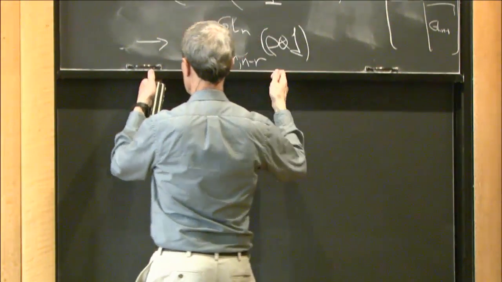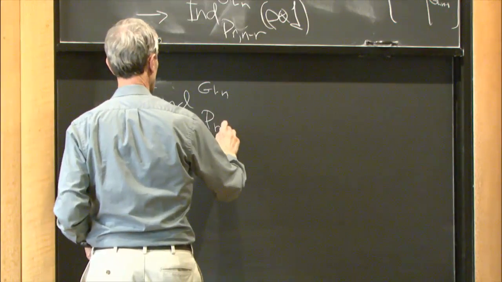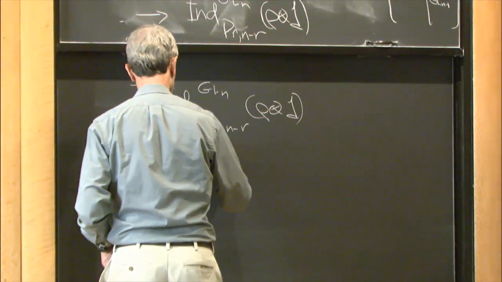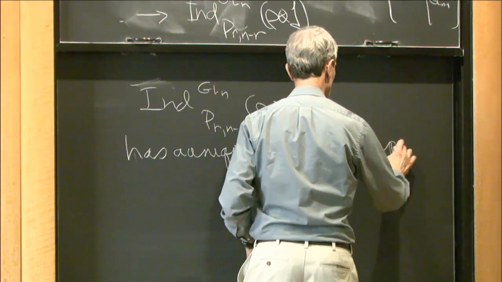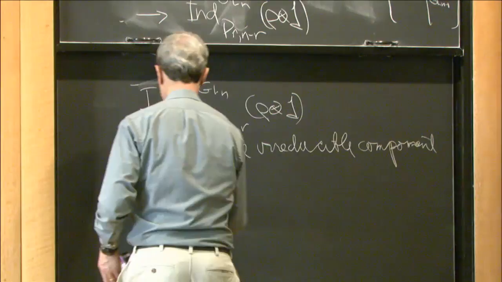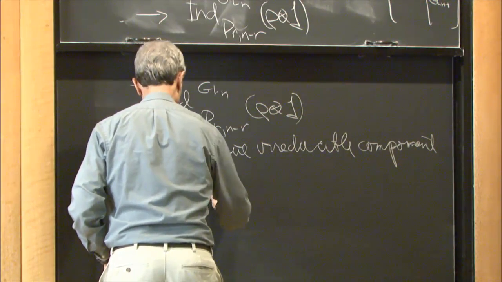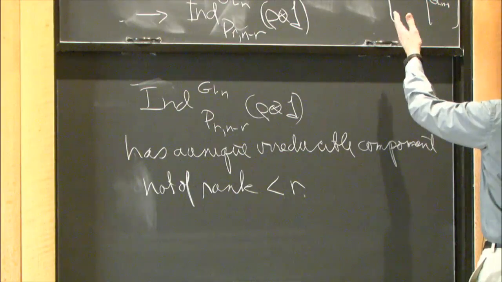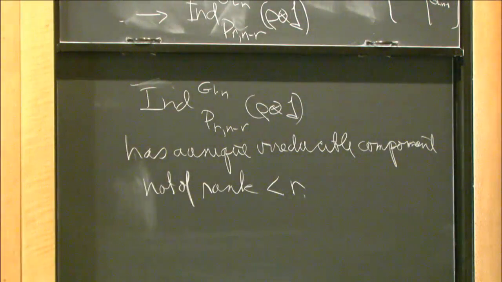So this induced representation from the parabolic P_{R,n-R} of rho tensor 1 in GL_n has a unique irreducible component not of rank less than R. It's pretty easy to check that it will have rank at most R, and then there's one piece that does have rank R and the other stuff is less.